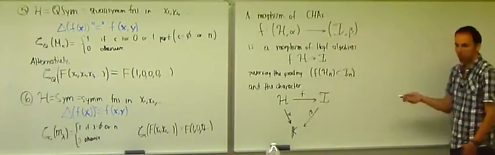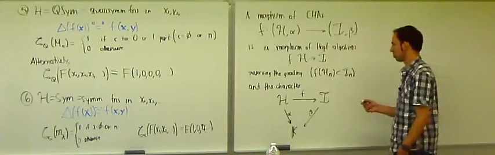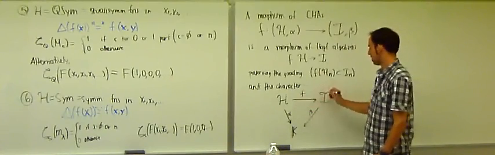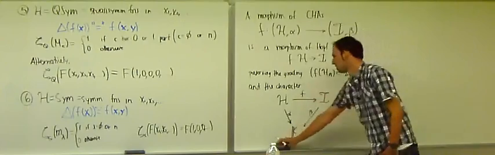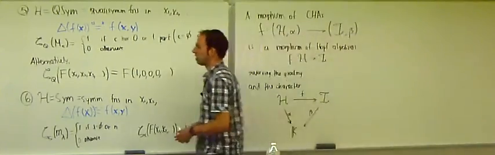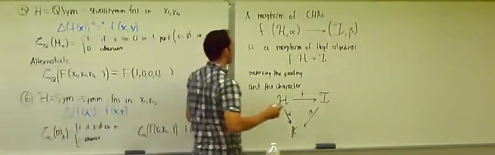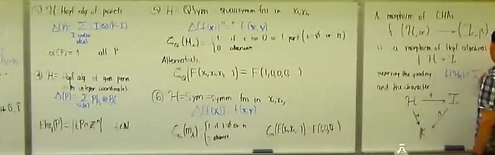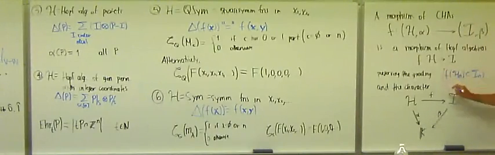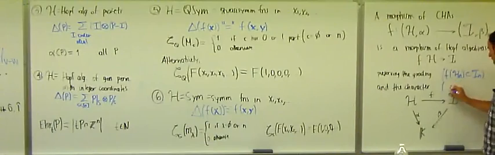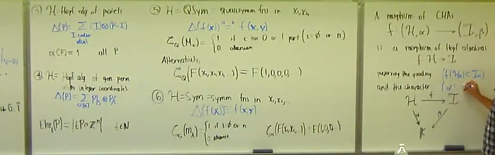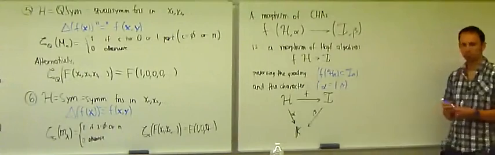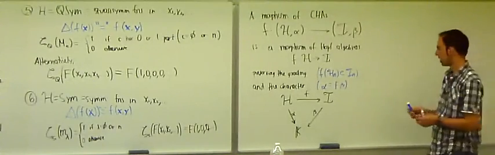What I want is for this diagram to commute, which you can write as saying the following. The first condition was that f of H_n should be in I_n. And the second condition is that alpha should be the composition of f and beta.